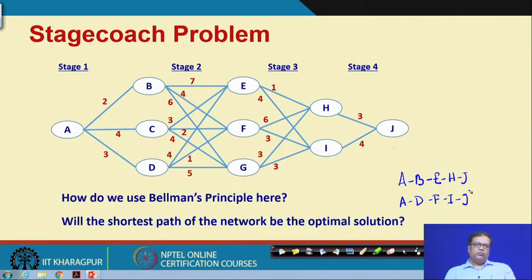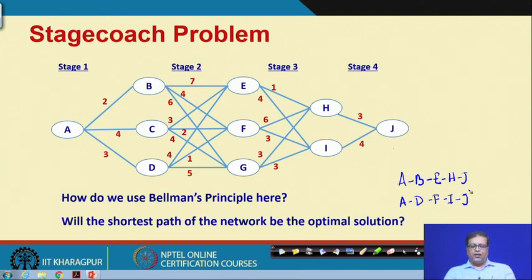It can choose a particular set of cities from the source to the destination, in order to fulfill some objective function, right. Maybe the shortest path, maybe the minimum cost, maybe maximize profit, and things of that sort.